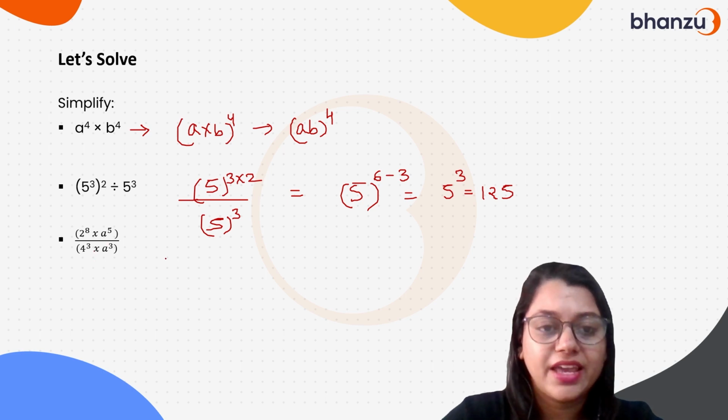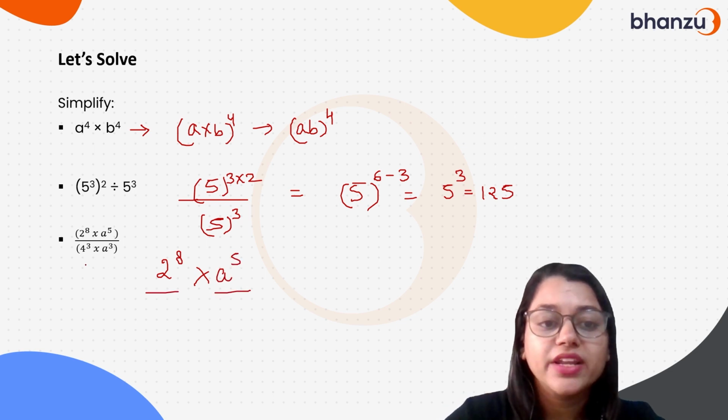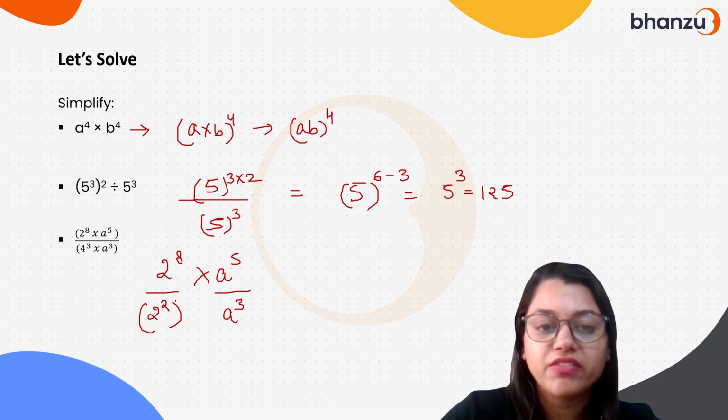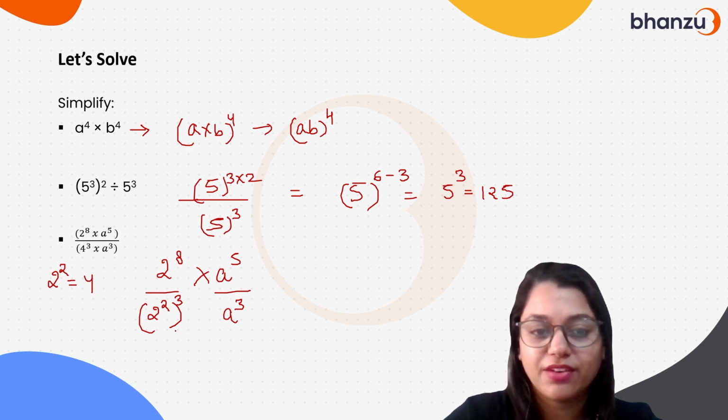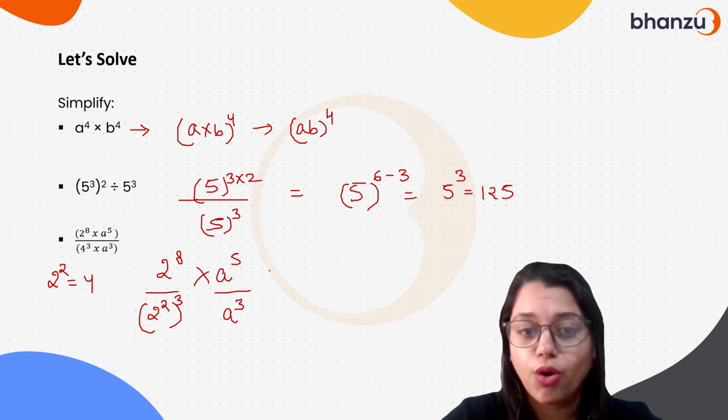Now let us see the next part: 2 raised to the power 8 into a raised to the power 5 divided by 4 raised to the power 3 into a raised to the power 3. Can I write 4 raised to the power 3 as 2 squared whole raised to the power 3? Because 2 squared is 4. Now this will become 2 raised to the power 6 using the law.